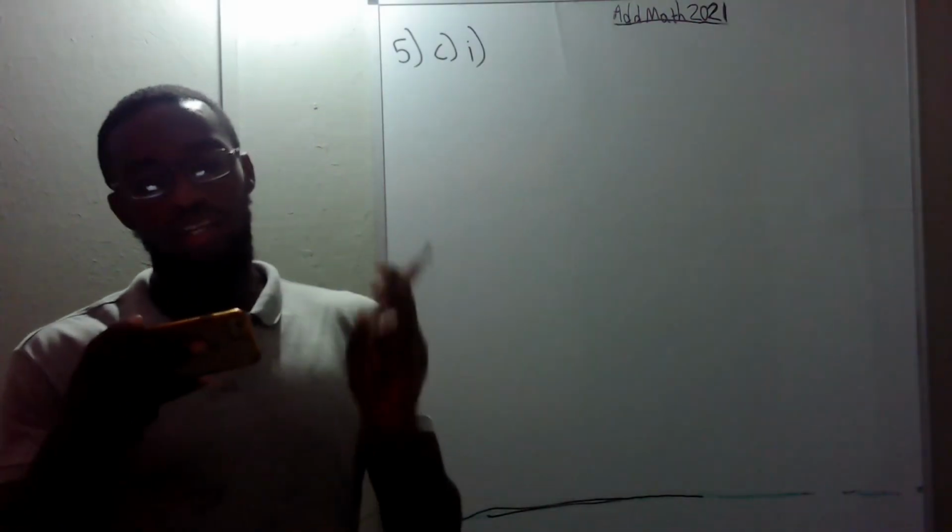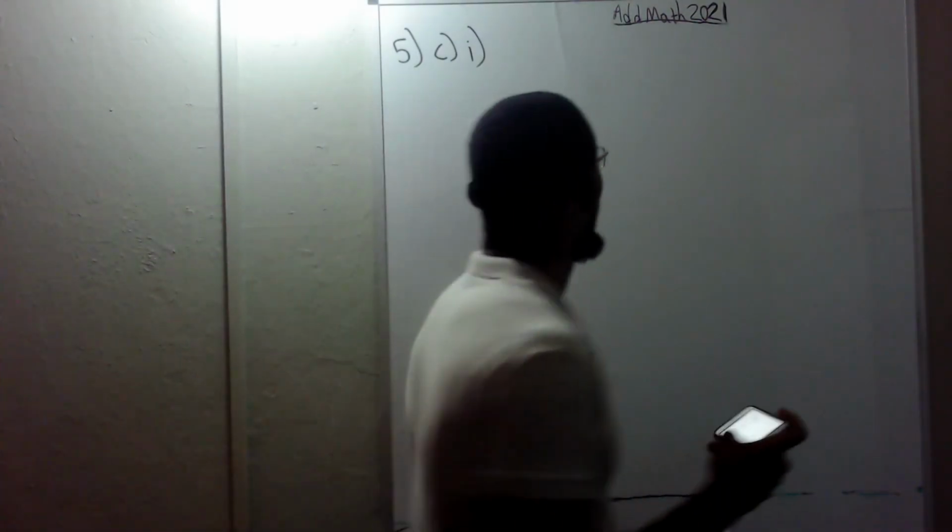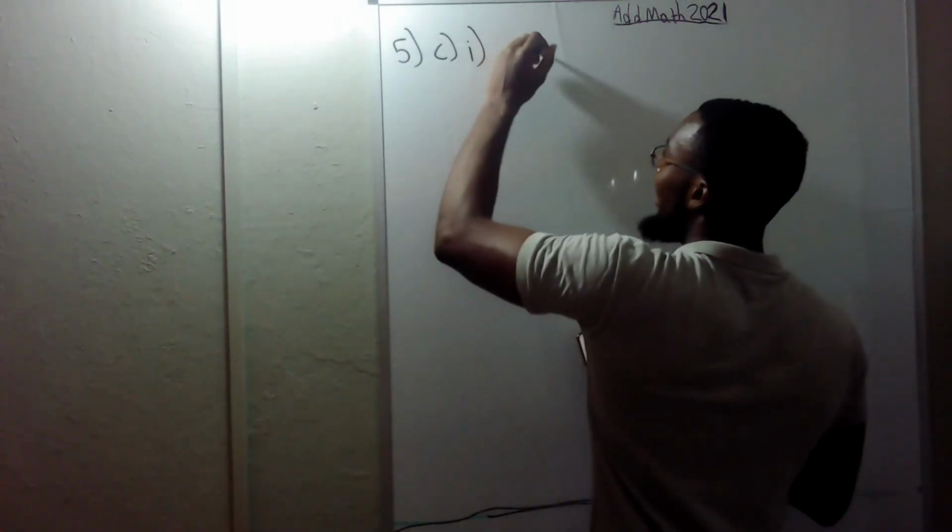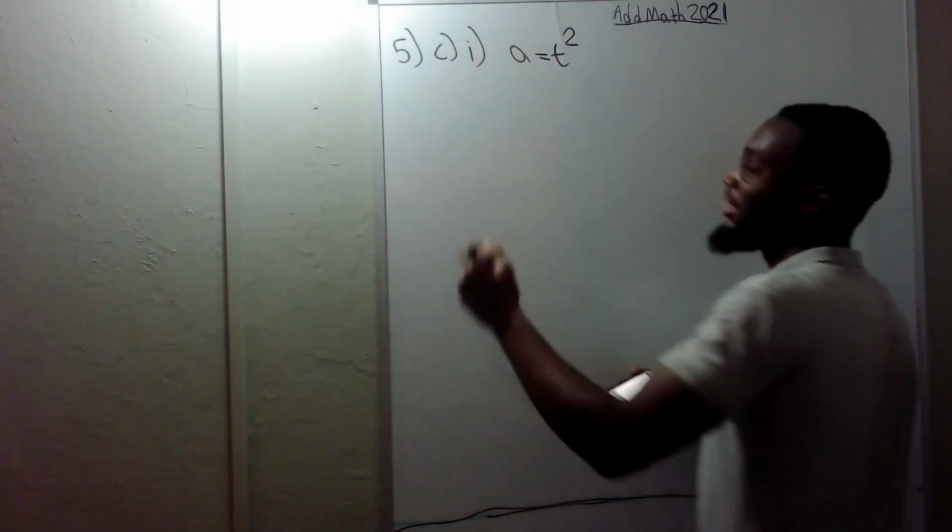Alright. Part C now, it says a particle starting from rest travels in a straight line with the acceleration a given by a equals t squared, where t is time in seconds. Determine the velocity of the particle. So first thing, a equals t squared.